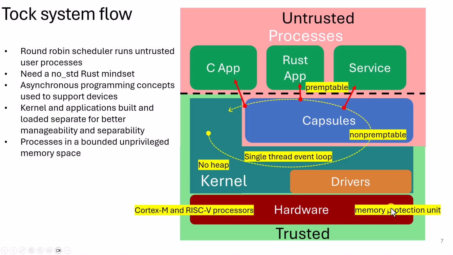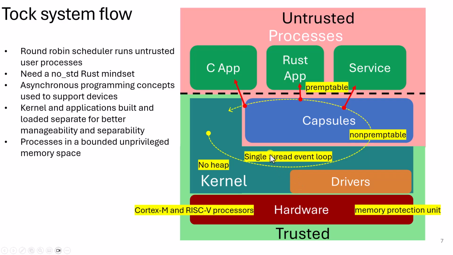You can technically run it without a memory protection unit, but then you lose this security between the untrusted code here and the kernel, because the code up here can also run unsafe things. So without a memory protection unit, you could have issues where the application could crash the operating system.